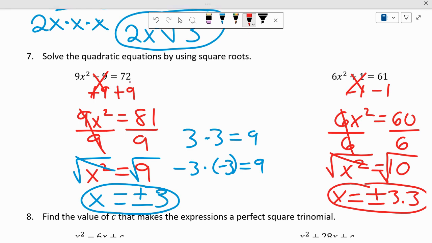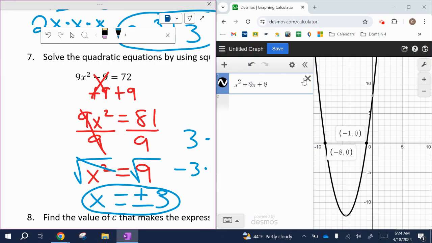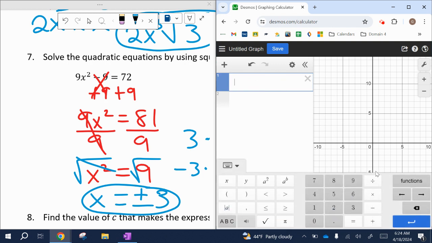This is an equation, so I can actually check it on Desmos. So I'm going to do that. 9x squared minus 9. For this one, I do have to type in the whole thing because that's not a 0, so I have to put the equals 72.